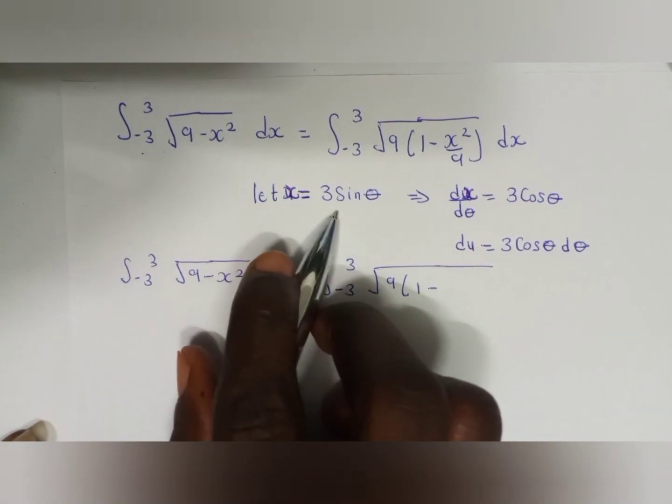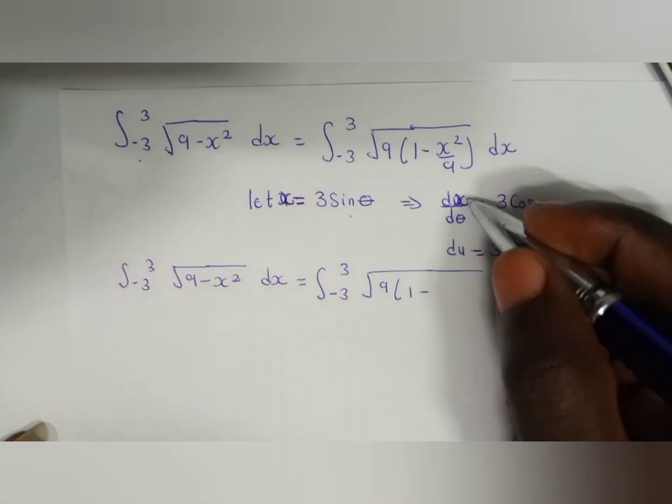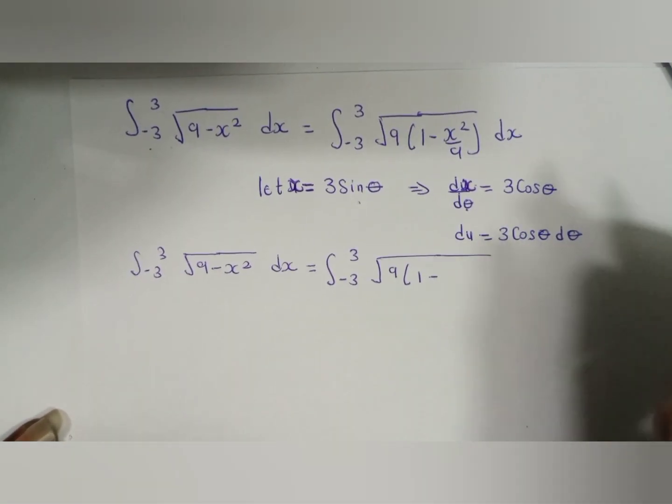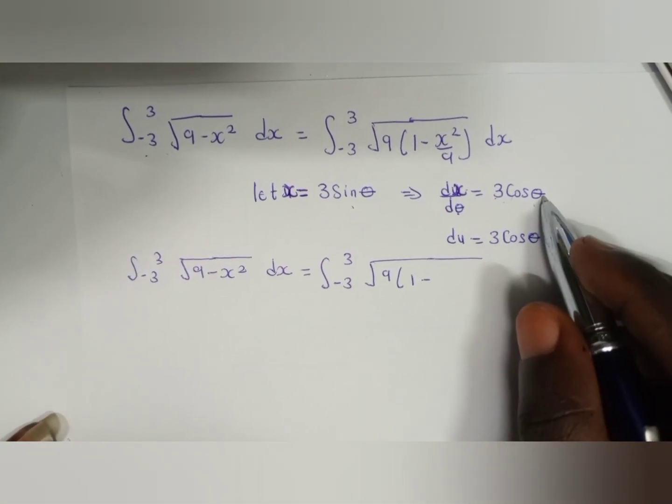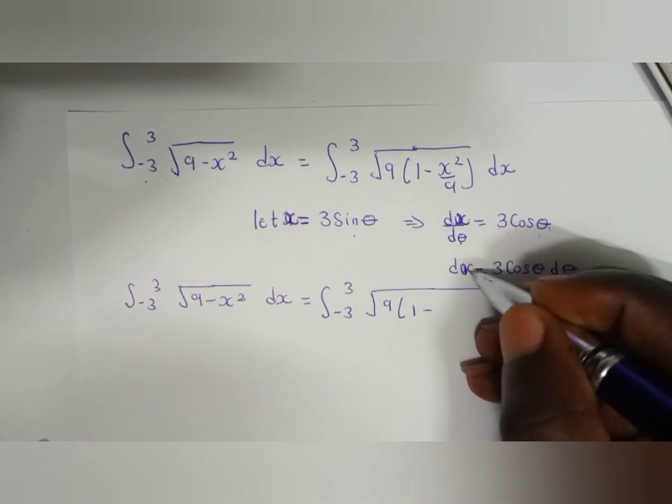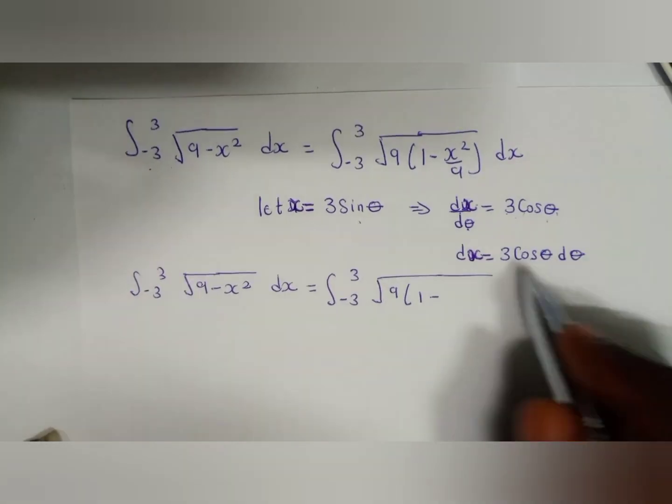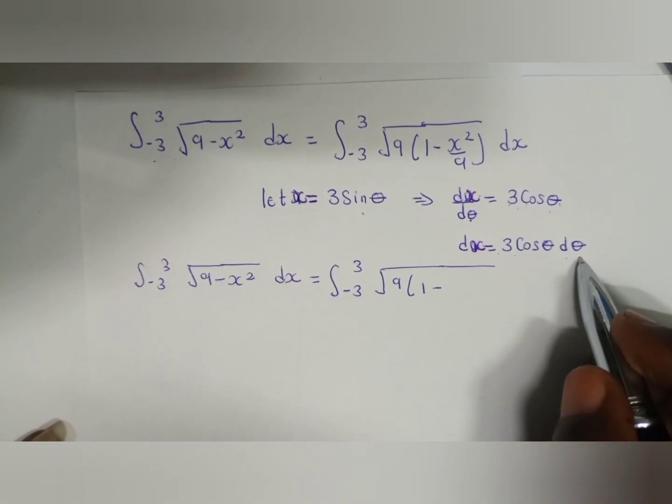Let x equals 3 sine theta. So dx over d theta will be equal to 3 cos theta. So dx equals 3 cos theta d theta.